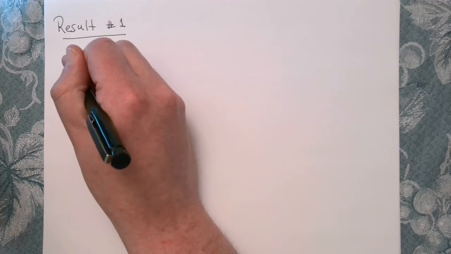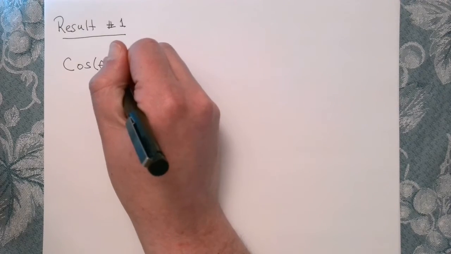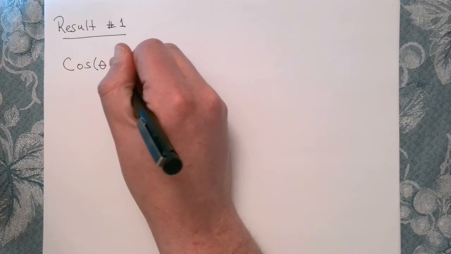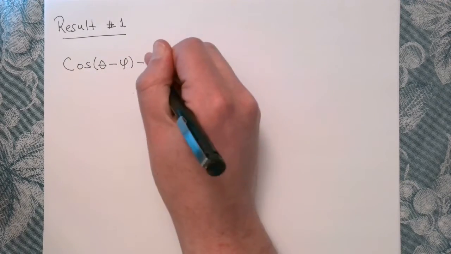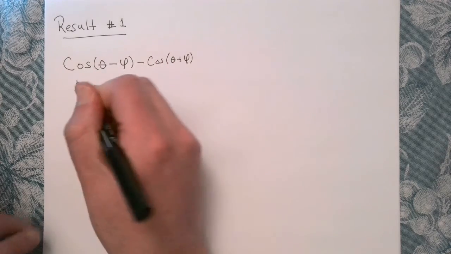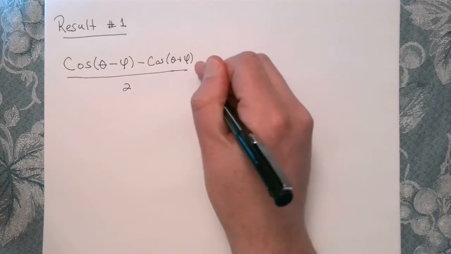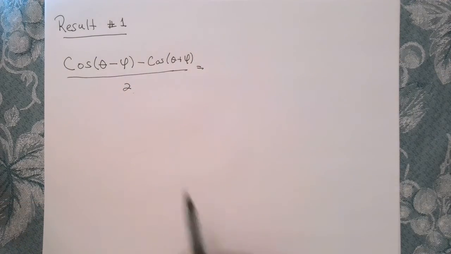So as mentioned, we're going to take what was the right side before, and we're going to expand this out. So this is the cosine of theta minus phi minus the cosine of theta plus phi. We said that's all over 2. Okay, so let's think about what we have here.